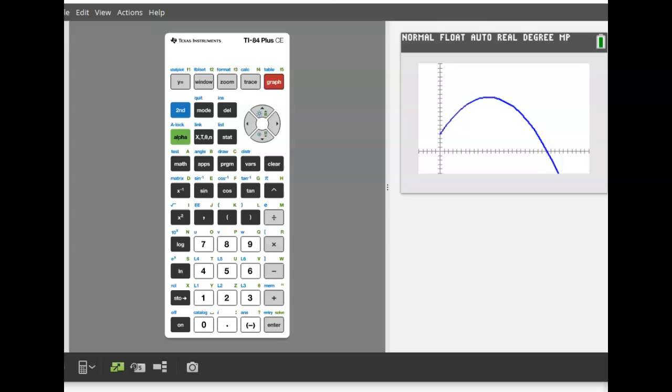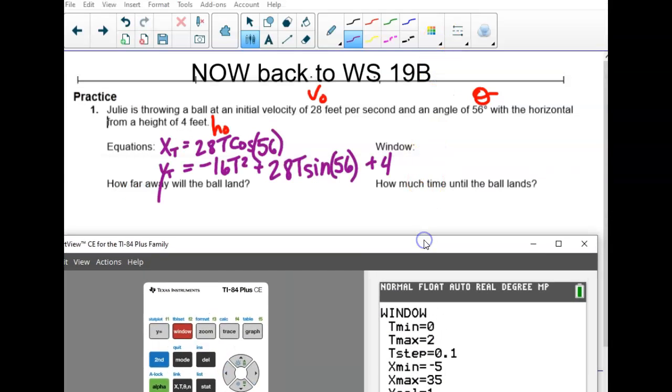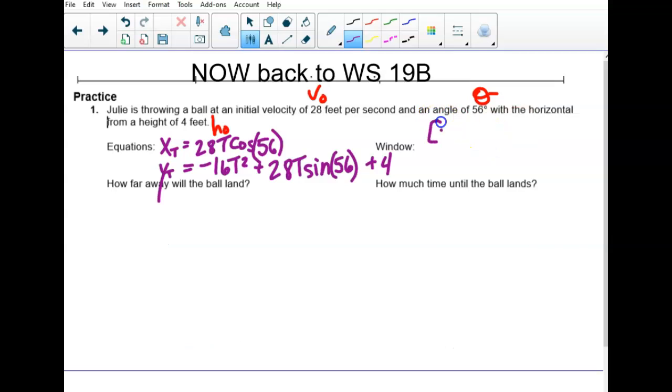So write down the window: 0 to 2, negative 5 to 35, and negative 5 to 20. And your window can be bigger, it's fine.